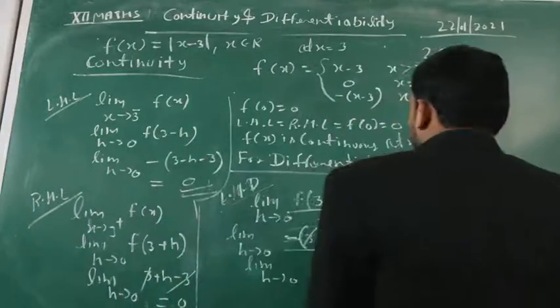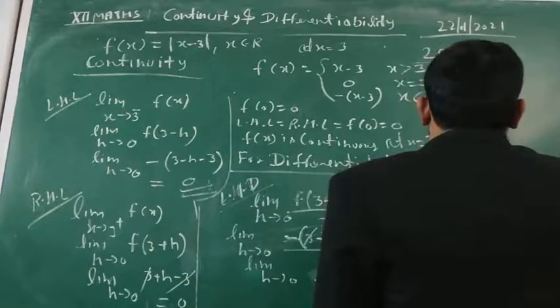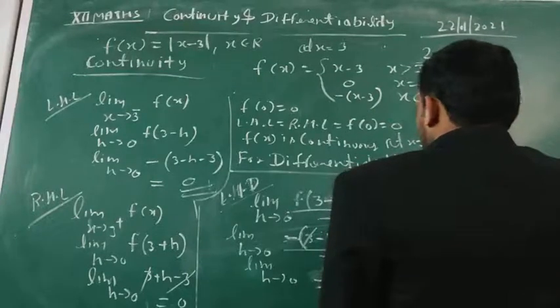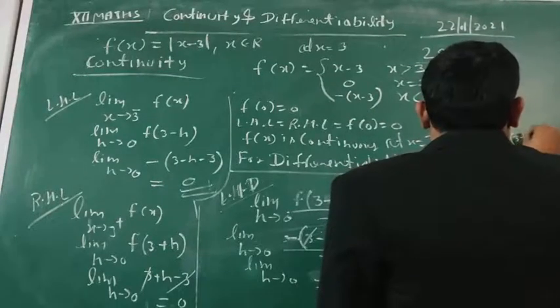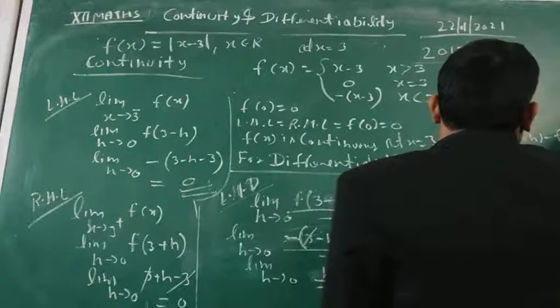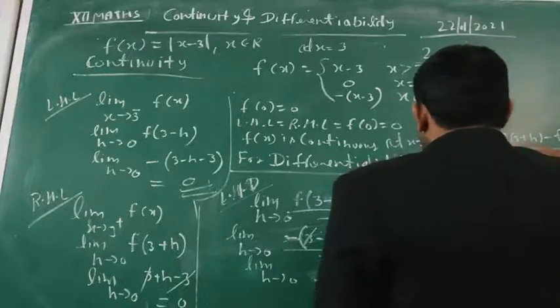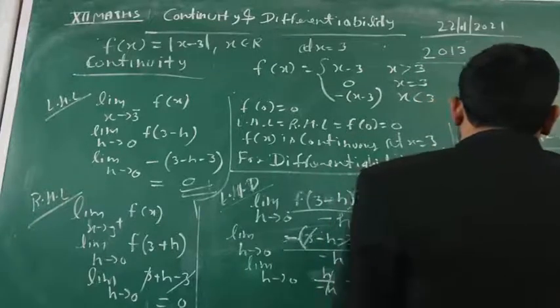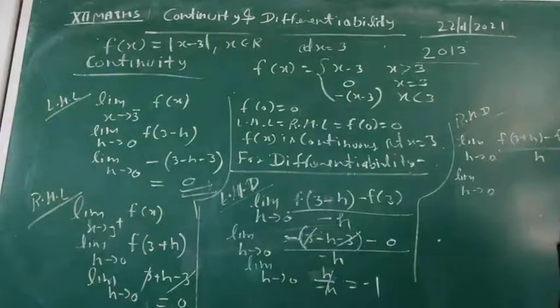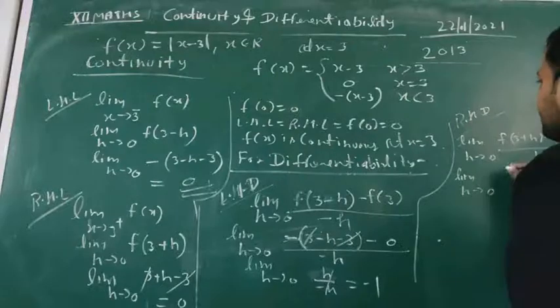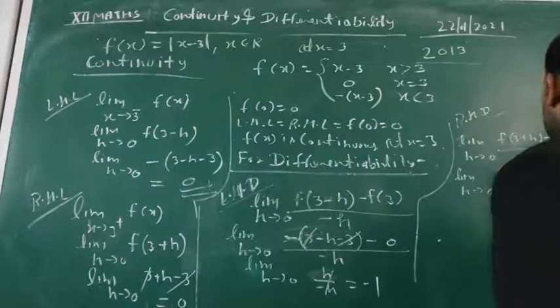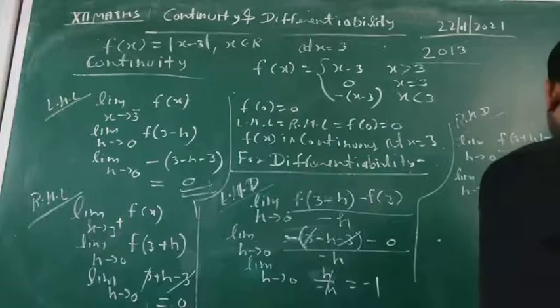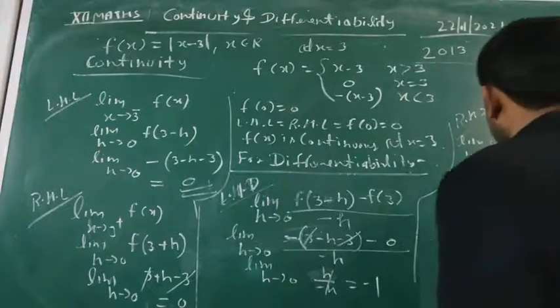And the right hand derivative, student, limit h tends to 0, f(3 plus h) minus f(3) by plus h, so f(3 plus h) is 3 plus h minus 3 minus 0 by h, so this is cancelled, so its value is 1.